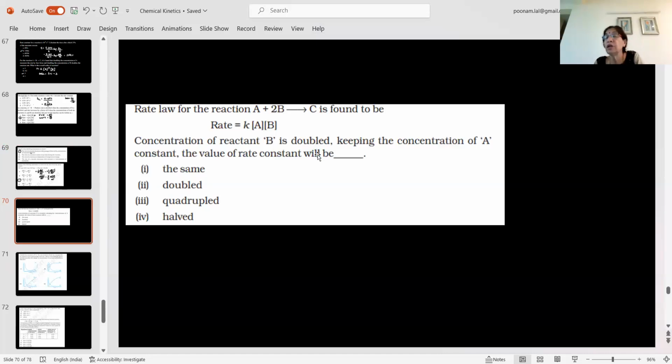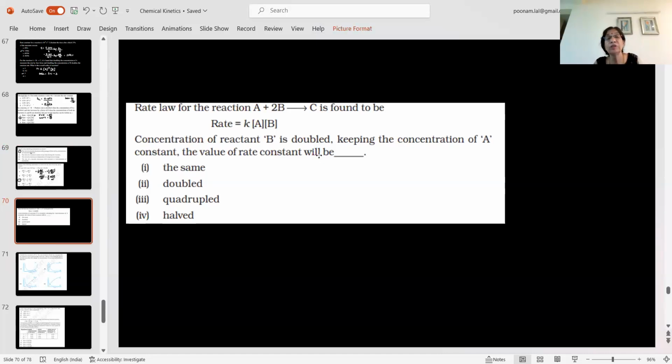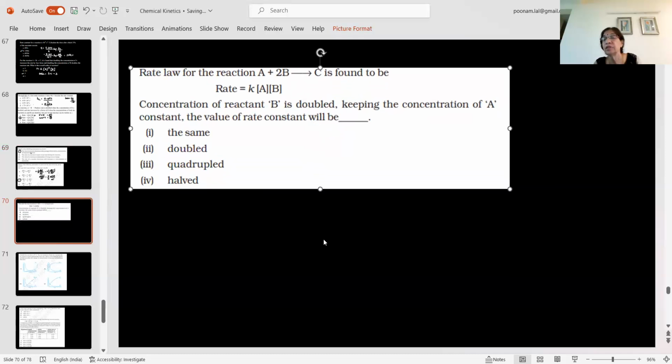Now do this question in case you have understood. Please do the question. Next question. Sanjay, are you there? Sanjay? Yes, ma'am. Do the next question. Rate law for the reaction is given. Concentration of B is doubled, keeping the concentration of A constant. The value of rate constant will, tell me.